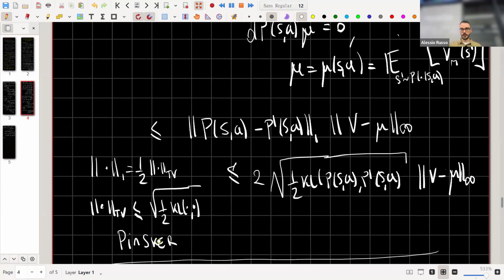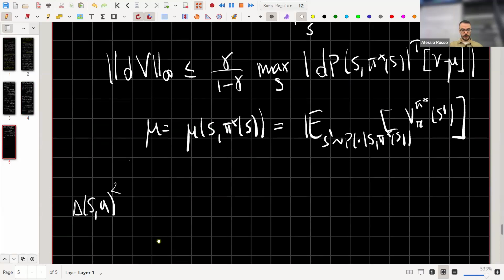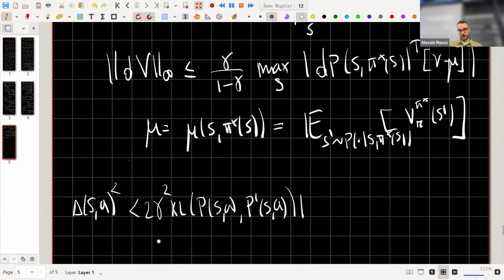We are left with 2 times the KL times this difference infinity norm squared. So we have 2 gamma squared KL P SA P prime SA difference in infinity norm.